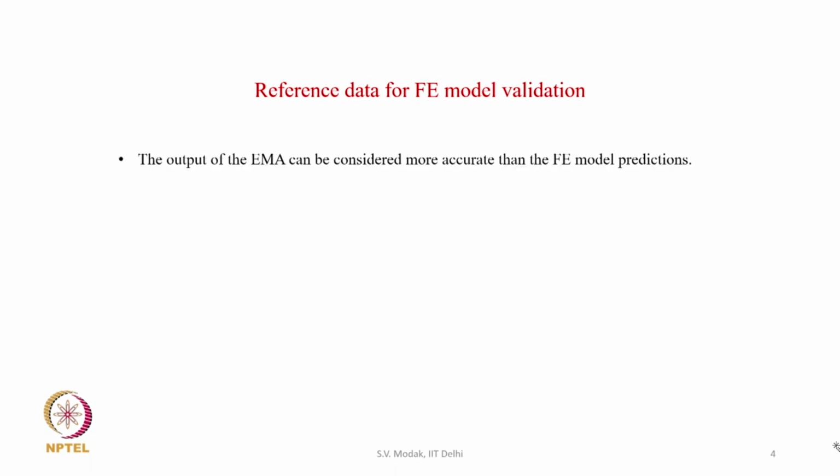So, the output of experimental modal analysis can be considered more accurate than the FE model predictions. This is because the experimental modal analysis or modal test is conducted on the actual structure or the actual prototype of the system. So, therefore, the test takes into account all the effects which are present in the structure.